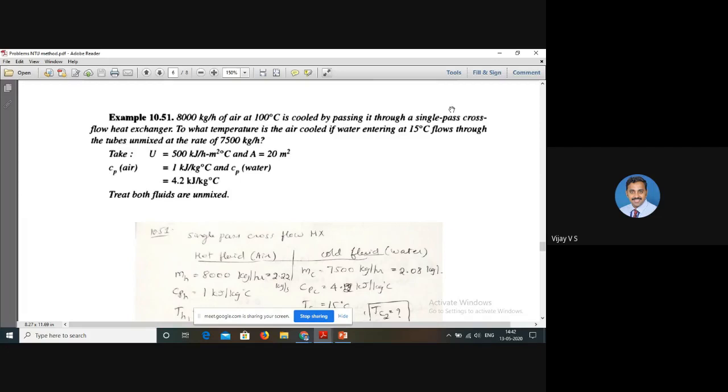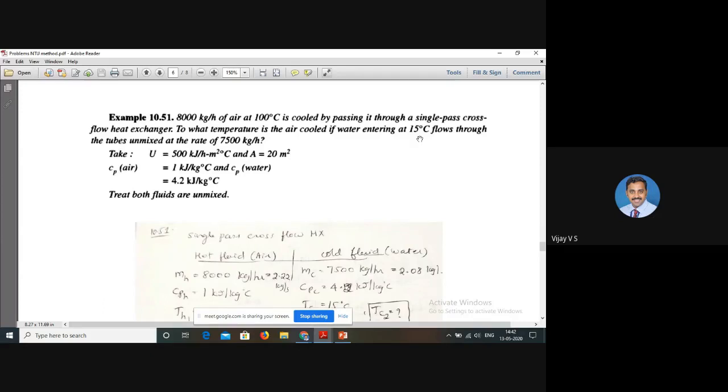Now they are asking to what temperature the air is cooled if water entering at 15 degrees centigrade flows through the tubes unmixed at the rate of 7,500 kg per hour. Here air is cooled by water and water is entering at 15 degrees centigrade.